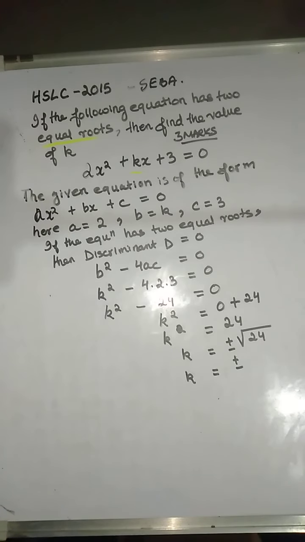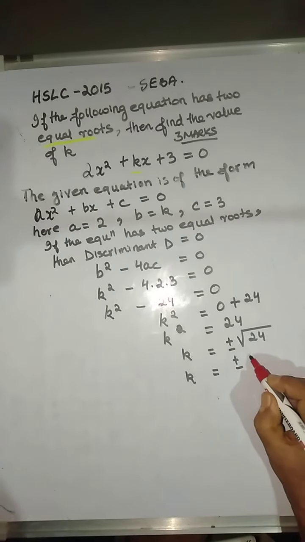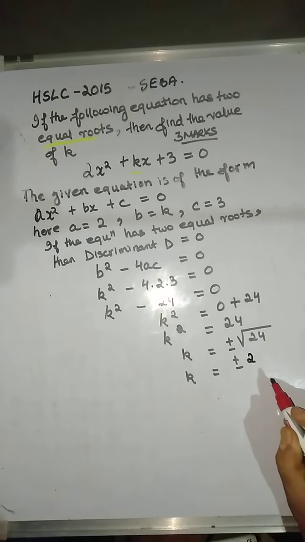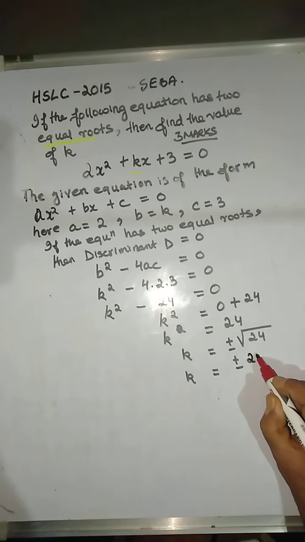So you can take out 4, the square root of 4 as 2, and you have 6 inside.